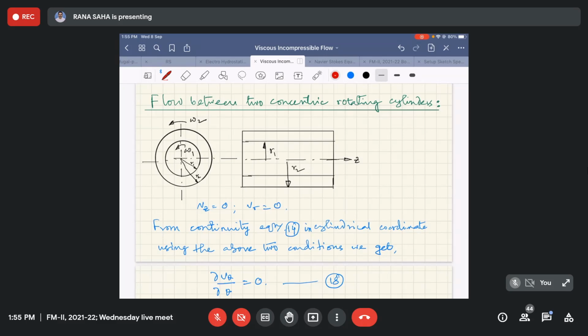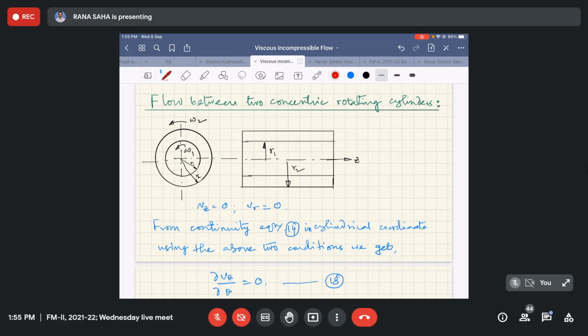It is basically a different situation. Here, as you can see on your screen, it is a case of two concentric rotating cylinders separated by a fluid of certain viscosity. So here it is not the axial flow, but rather the flow is being driven.